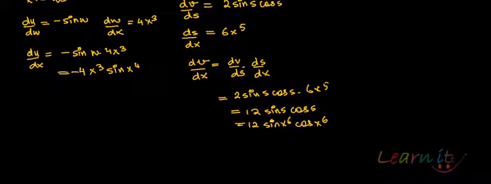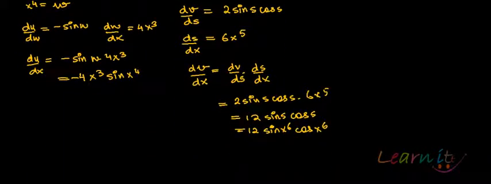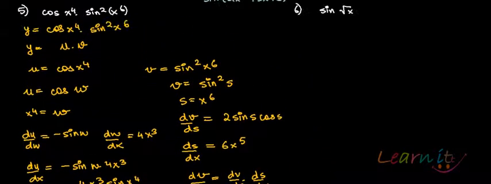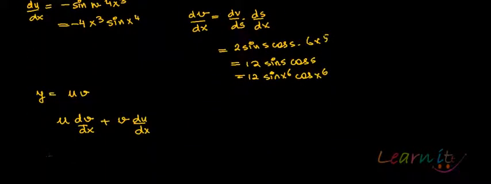Now the point is that you have this as a product rule. So y is equal to uv. Okay, so first function as it is into derivative of the second function plus second function as it is into derivative of the first function. So what is u? U is cos of x to the power 4. What is dv by dx?